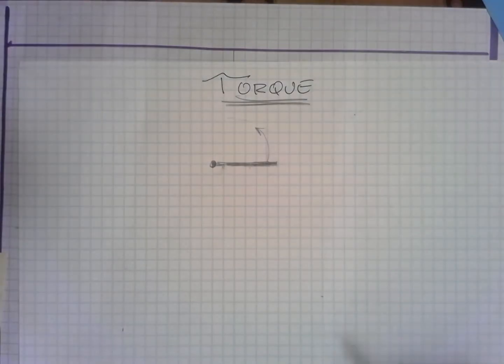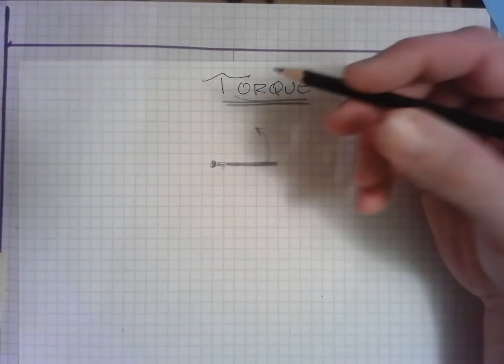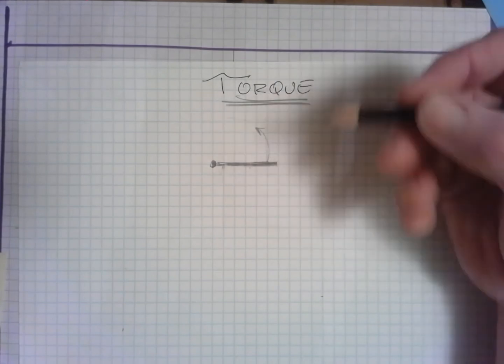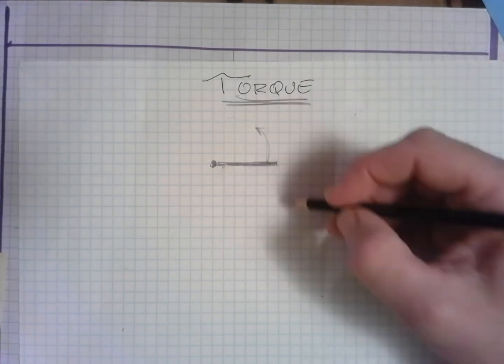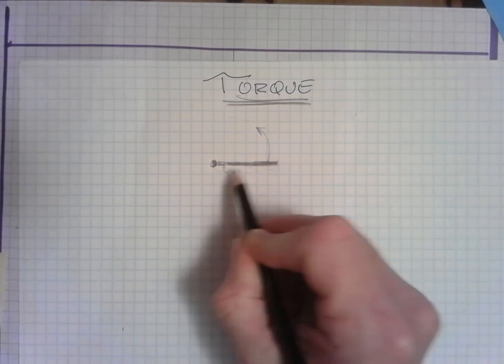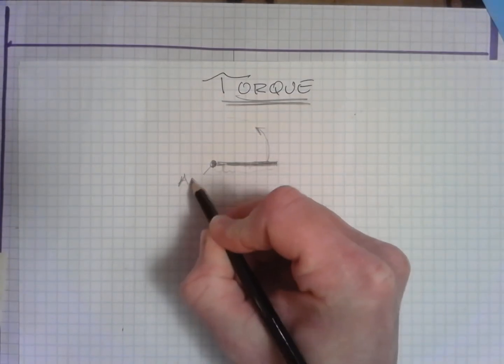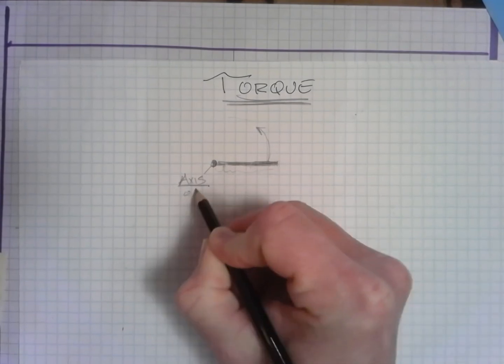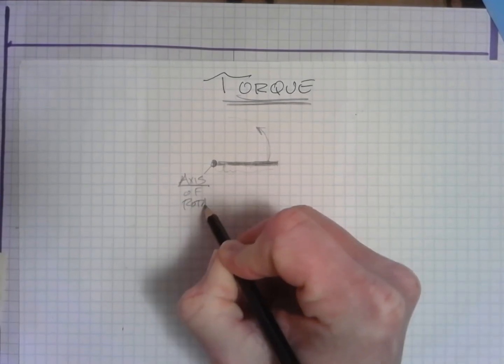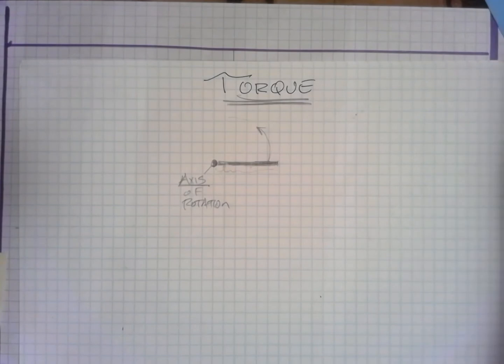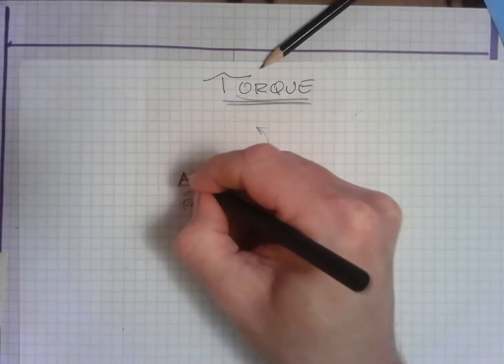So, where do you push? Well, if you don't want to have to push really, really hard, you're weak like me, you want to push as far away from your axis, right? The hinge is your important point here, your axis of rotation. I'll even put that in darker letters.